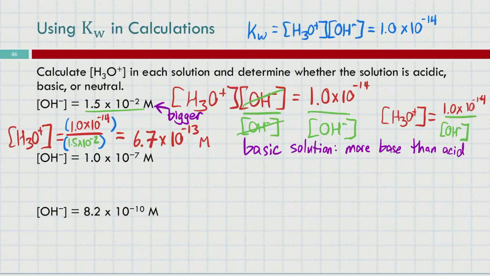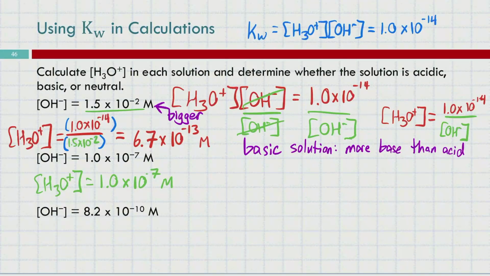For our second and third ones, we're using the same exact formula. Concentration of H3O plus is our Kw divided by our hydroxide concentration. This is also one where if you remember some facts, you don't actually have to put it in your calculator. Our H3O plus concentration is the same number. You will get the same answer if you put it into your calculator, assuming you put it in correctly.